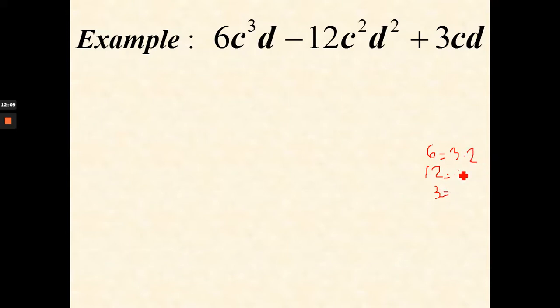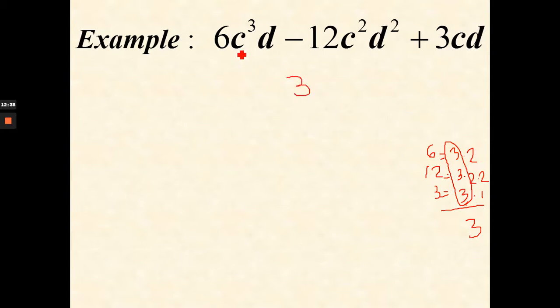The factors of 12 are 3 times 4, but 4 can still be factored as 2 times 2, right? And for 3, the factors are 3 and 1. Do they have a common factor? Yes, and that is 3. Is 2 a common factor? No. So, 3 is the greatest common factor.